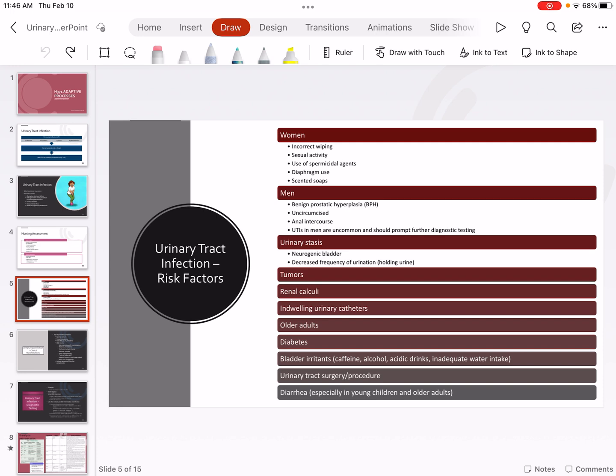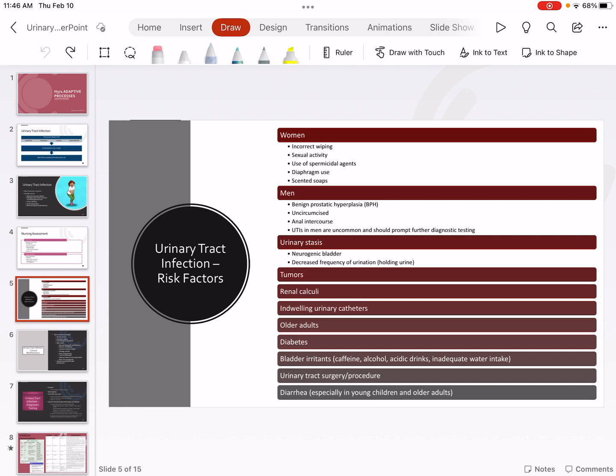Men, the things that increase their risk would be benign prostatic hyperplasia, so that causes an enlarged prostate, and if you think about urine flow issues related to that, that would increase their risk. If they're uncircumcised or if they have anal intercourse, that also increases their risk. And then also UTIs in men are pretty uncommon.